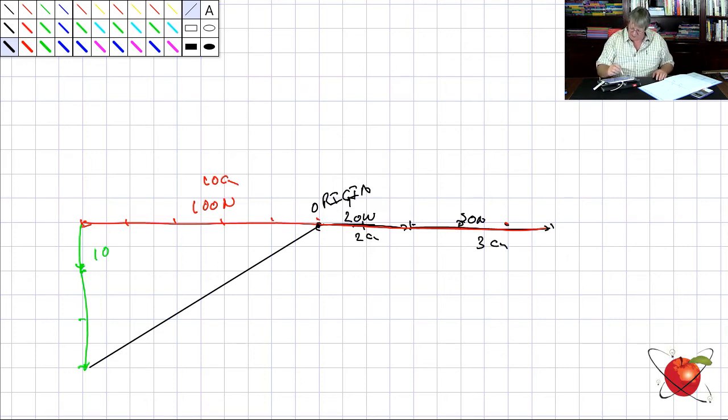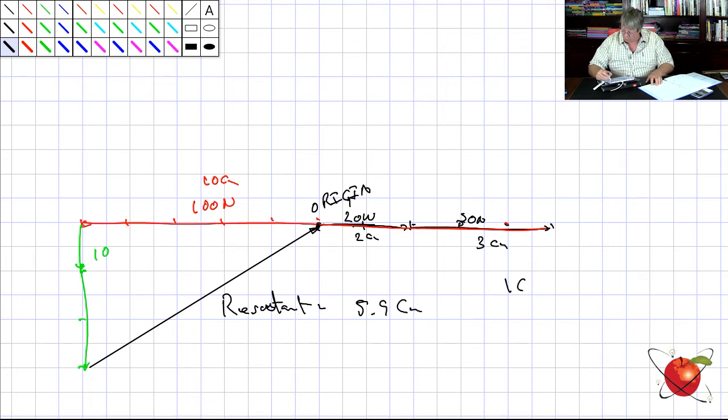This is my resultant over here, isn't it? It goes from the origin and finishes here. I measure the resultant and I get 5.9 centimeters. 1 centimeter equals 10 newtons.